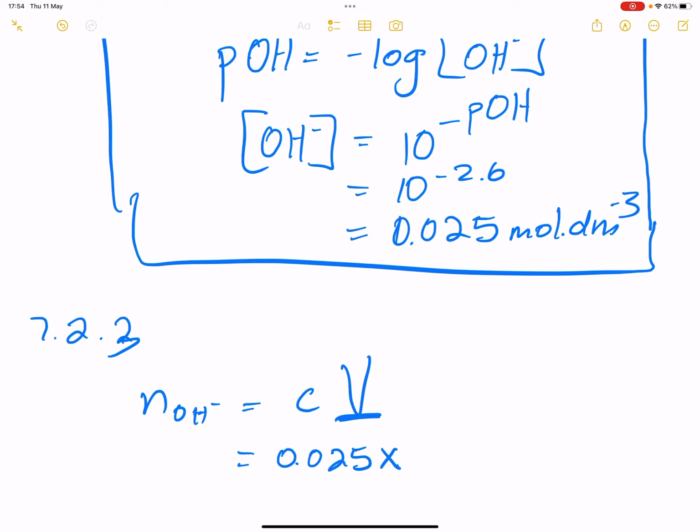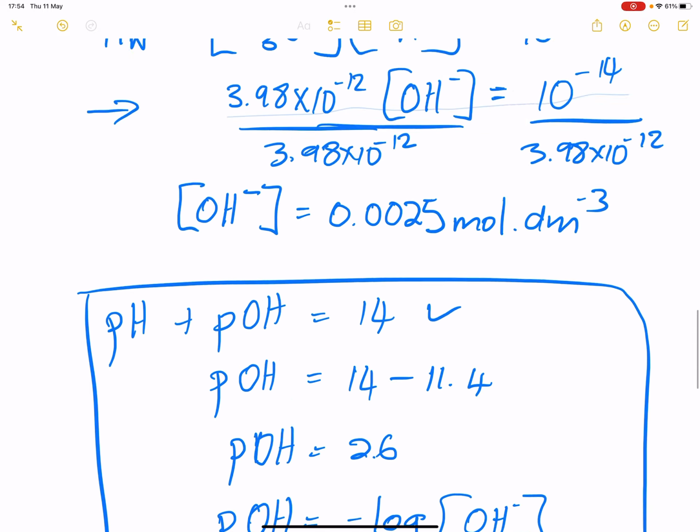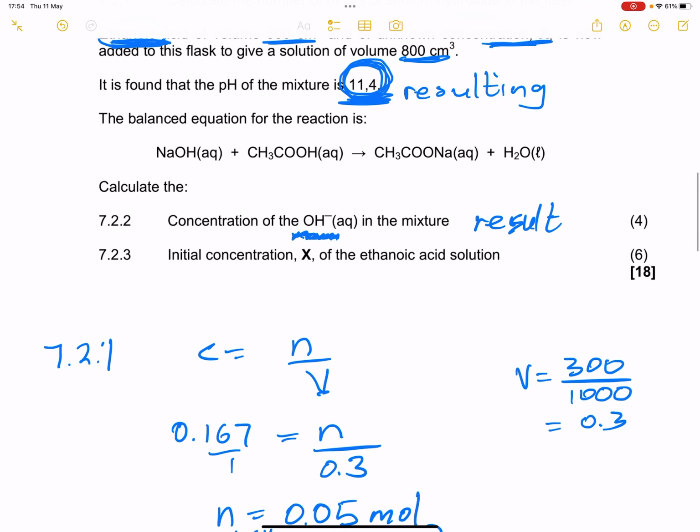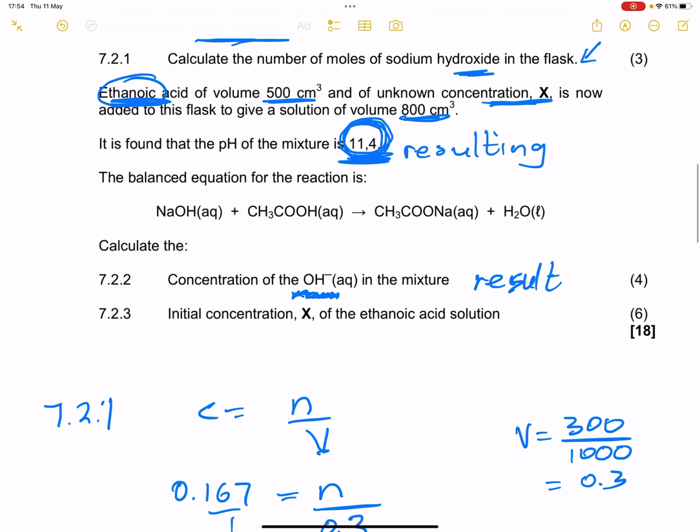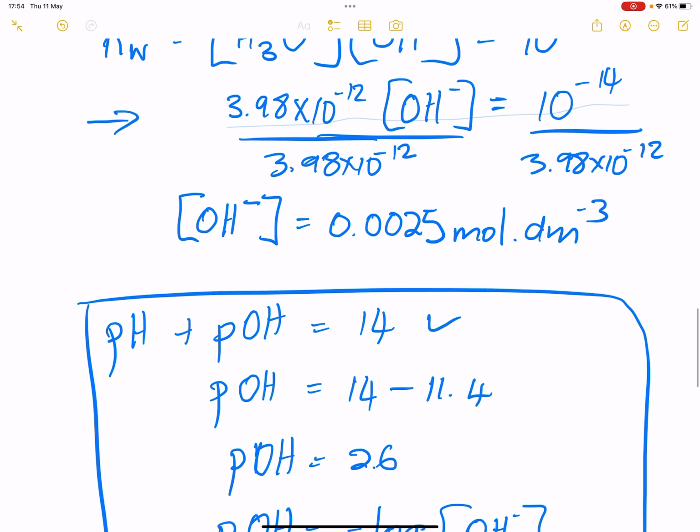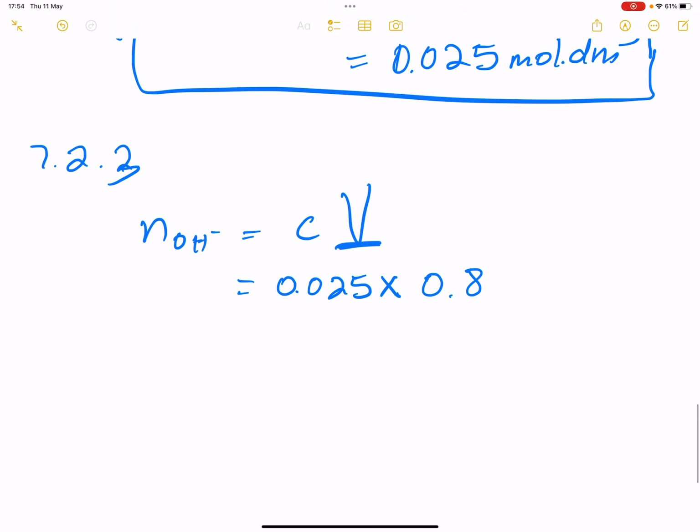Our resulting volume in this case was 800 cubic centimeters, that is after we poured that mixture. So in this case, this will be multiplied by 800 over 1,000, so that will be 0.8, the resulting mixture after I mixed the two together.